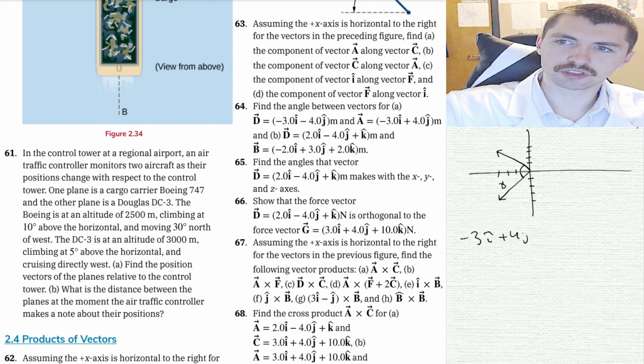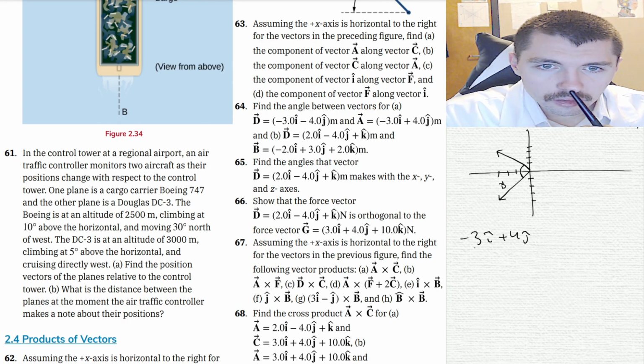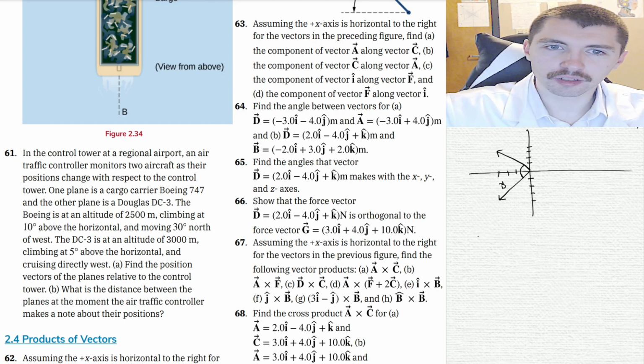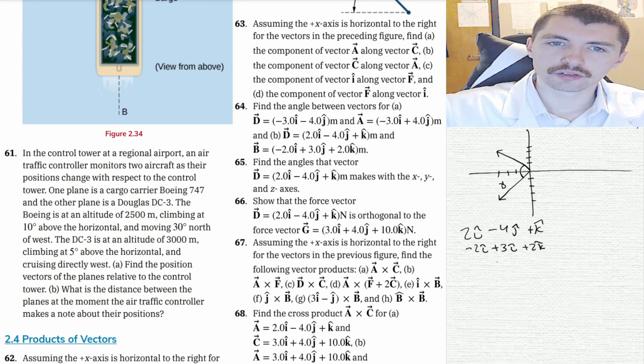-3i plus 4j, my bad. -2i and -2i, angle between this vector.